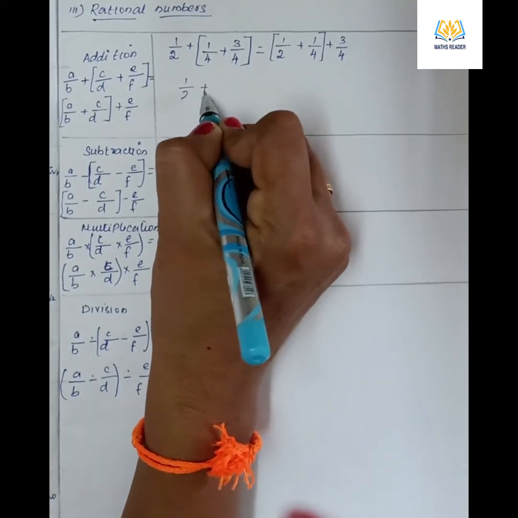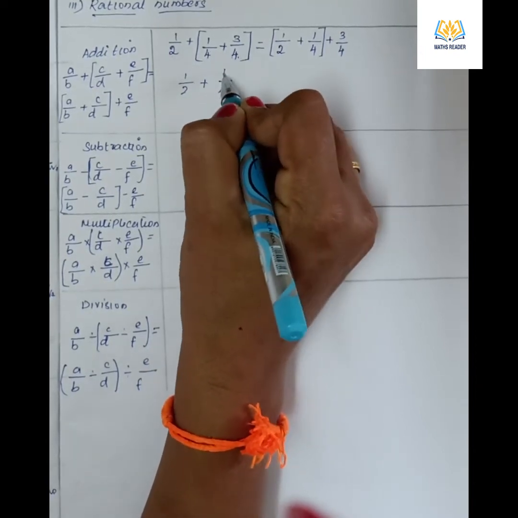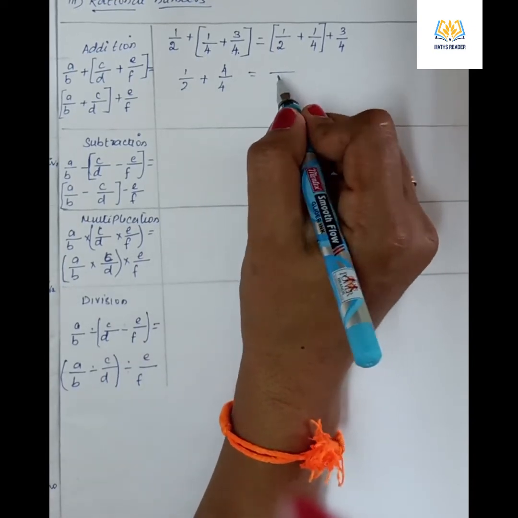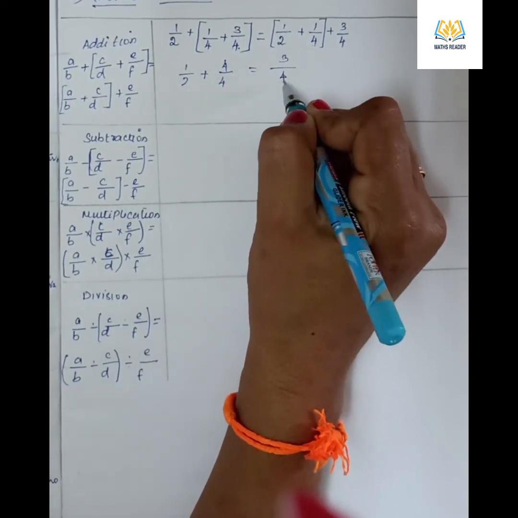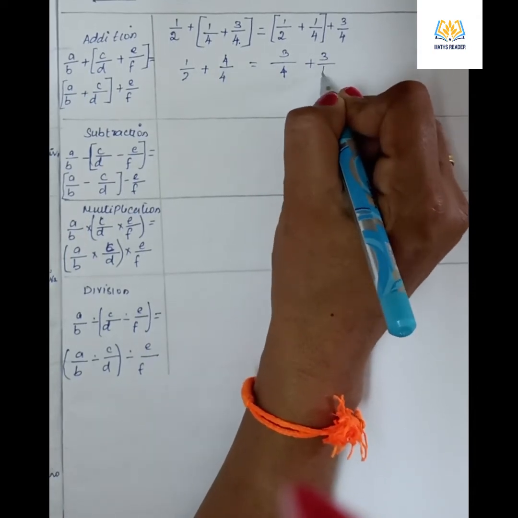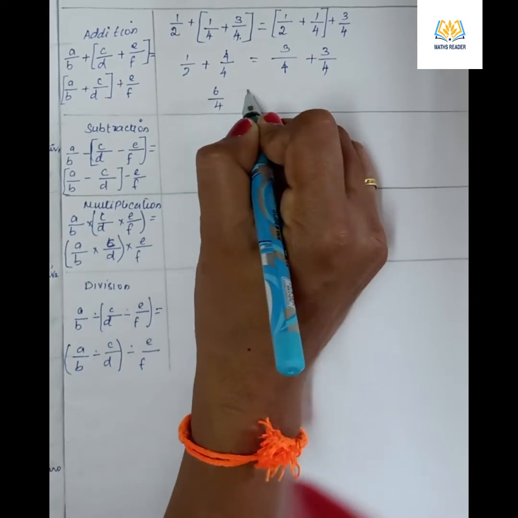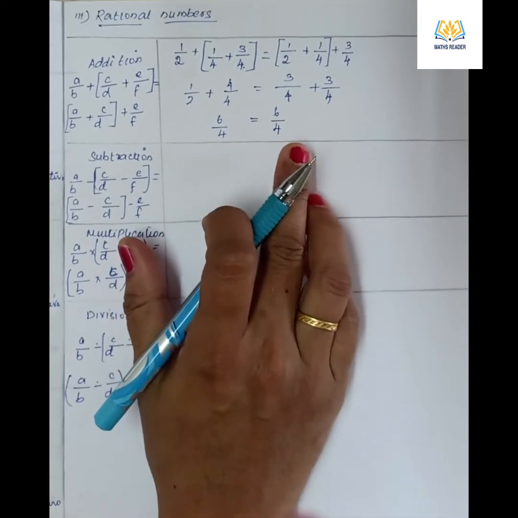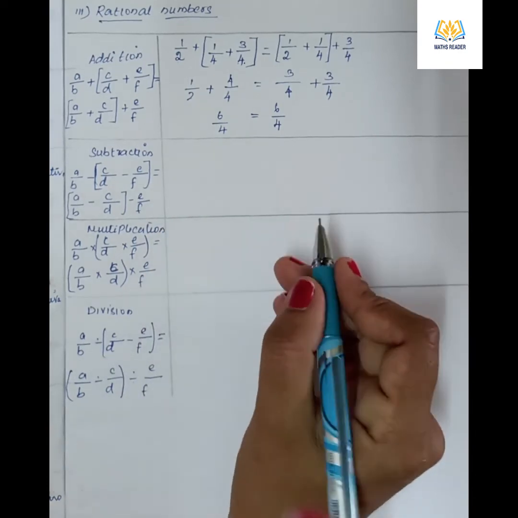Next we have 1 by 2. If you simplify this, 1 plus 3 is 4, denominator 4. This is 3 by 4, LCM is 4, so 2 plus 1 is 3, 3 by 4 equal to 6 by 4. So left hand side is equal to right hand side.